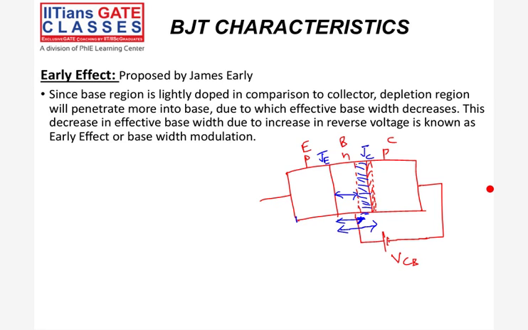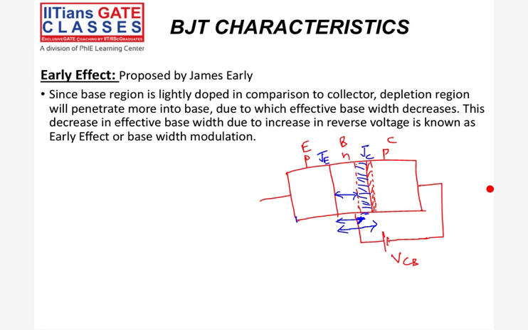And this decrease in effective base width due to increase in reverse voltage is known as early effect or base width modulation. This concept is known as base width modulation. Means we are modulating base width. Whatever actual base width was there, that is not present as of now when we increase this reverse bias voltage. So with this reverse bias voltage, we can control the recombinations in the base region, because we are reducing the effective base width.